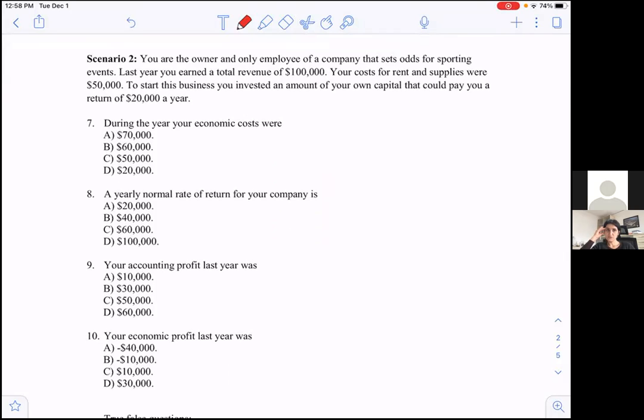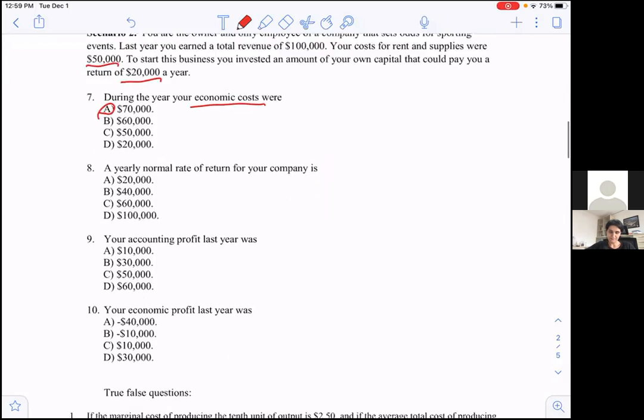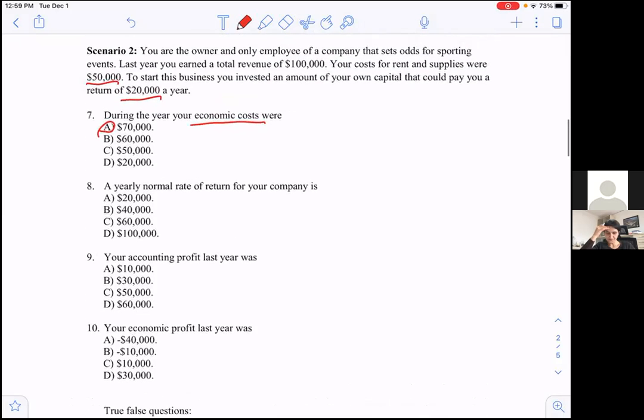To start this business, you invested an amount of your own capital that could pay you a return of $20,000 a year. During the year, your economic costs were your implicit cost plus your explicit cost, okay, which is 50,000.